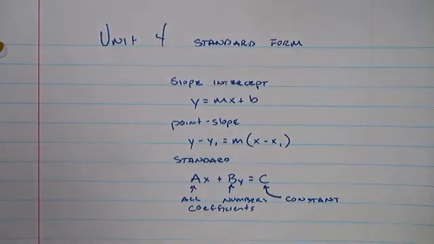All right. And so the idea here is that we should already be familiar with how to change standard into slope intercept. What we want to do is be able to go from slope intercept or point slope back to standard. So we've got to be able to work any which way we need to and manipulate these equations, right?